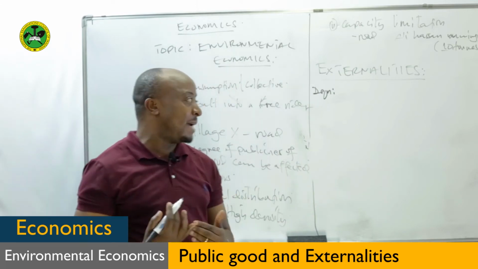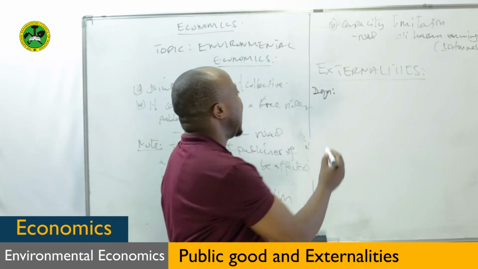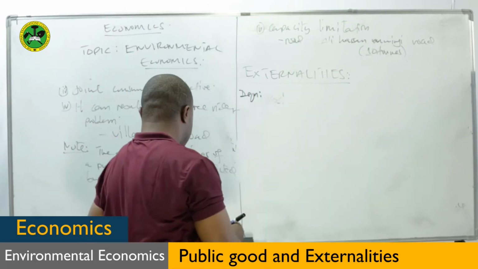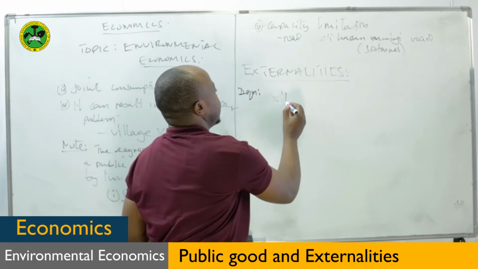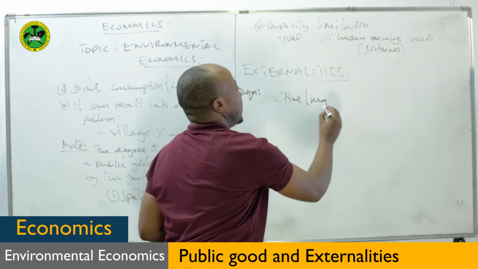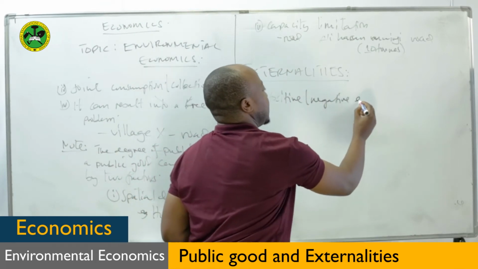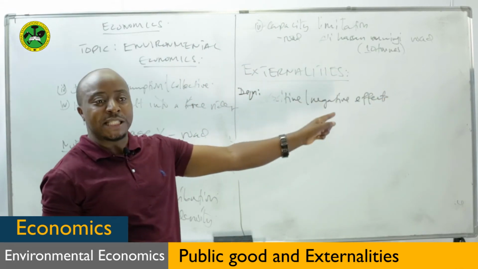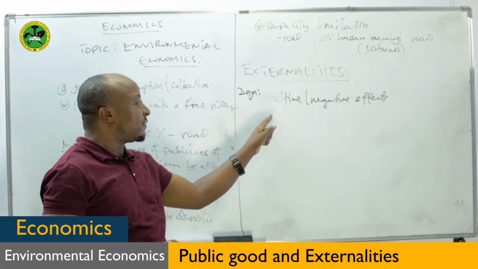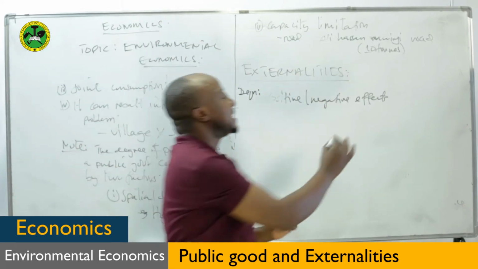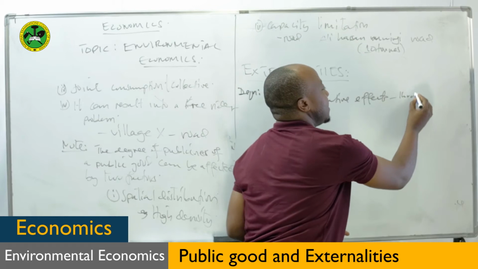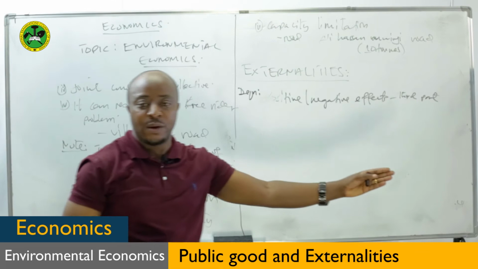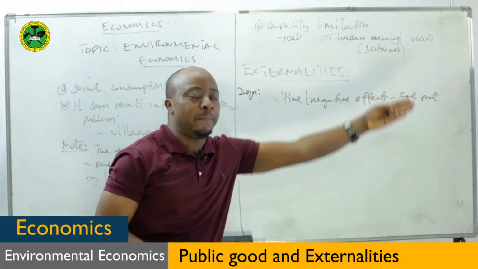It means for an externality to occur, there must be a positive or negative effect, and these effects are imposed on the third party. Third party means another individual, the bystander.